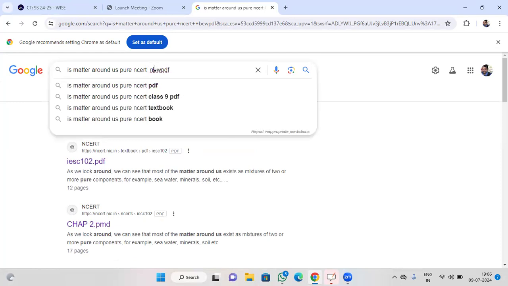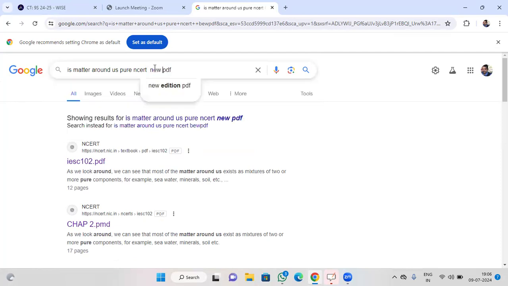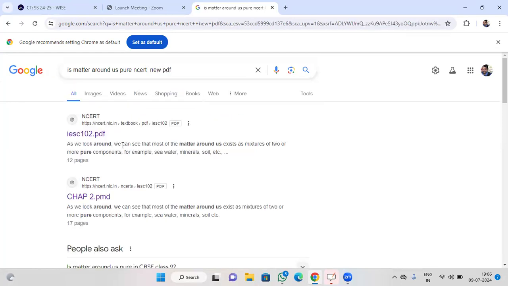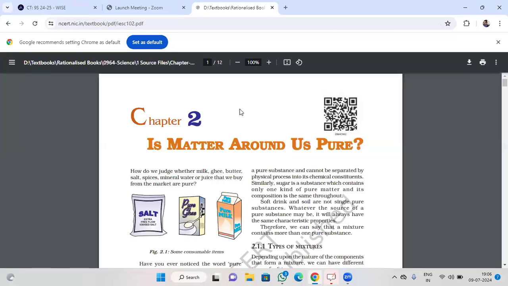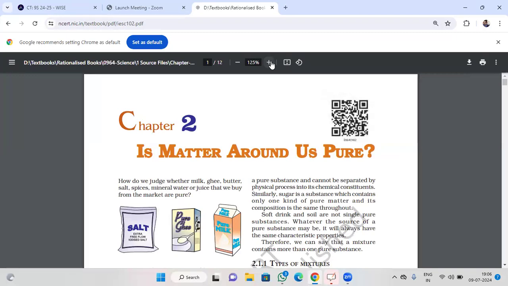It's the new PDF. Okay, these are the two. I think this is the new one. Yes, sir, it has only 12 pages. This is the new one.